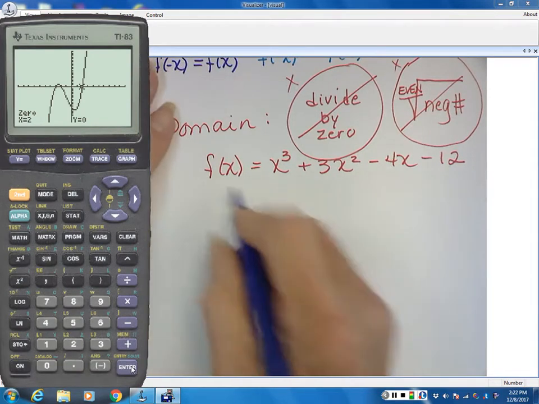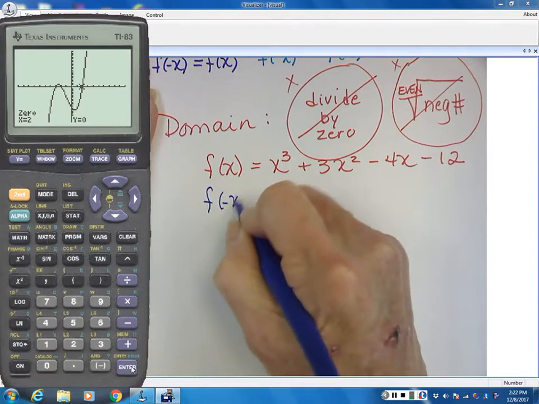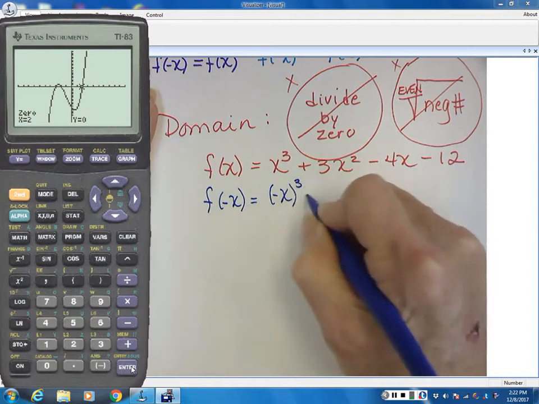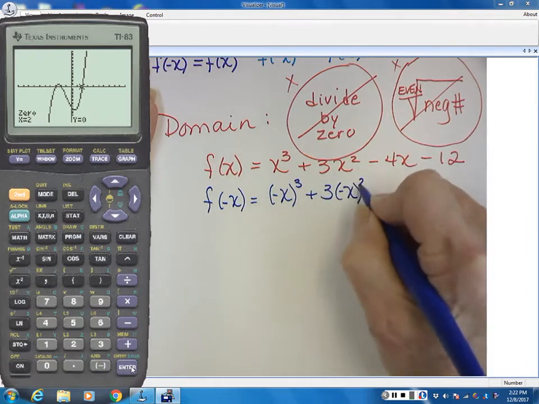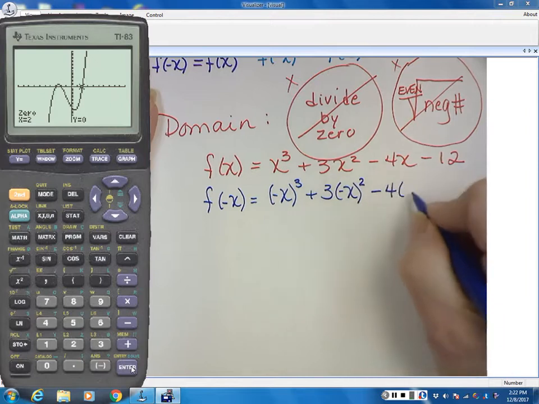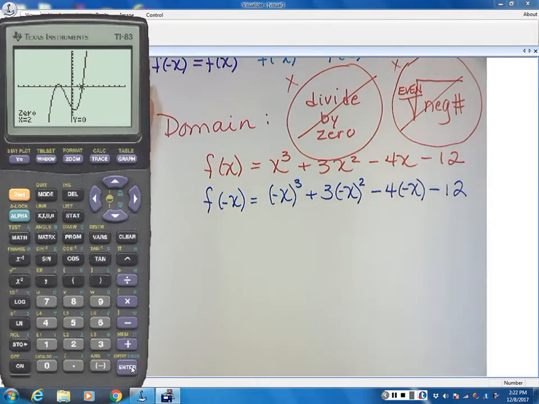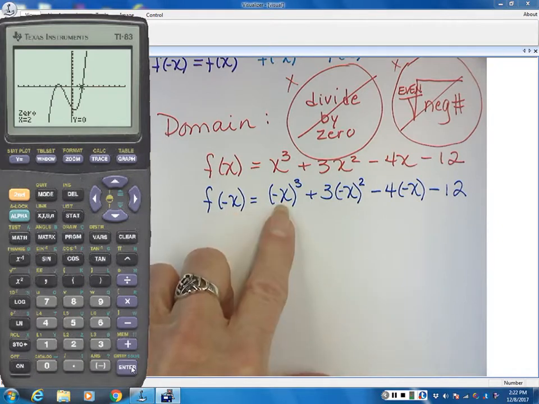So if this is f of x, then f of negative x simply substitutes negative x every place that you see x. Just put a negative sign every place that you have an x.